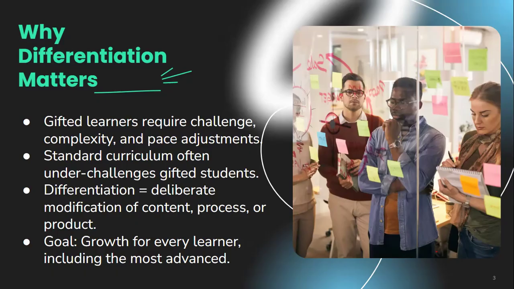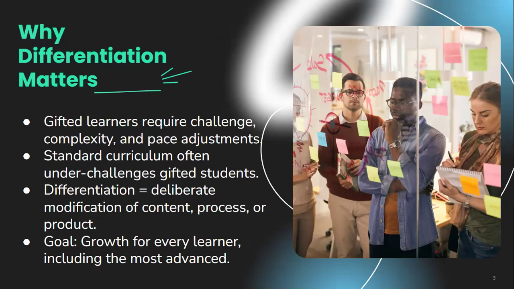When we fail to differentiate, we risk disengagement, boredom, and even underachievement among our gifted students. It's not uncommon for these learners to check out when instruction feels repetitive or lacks intellectual challenge. Also, if they don't see the value in what they're doing, and when they're not provided some sort of choice with how they want to explore it, definitely we're going to see that checkout or that disengagement.